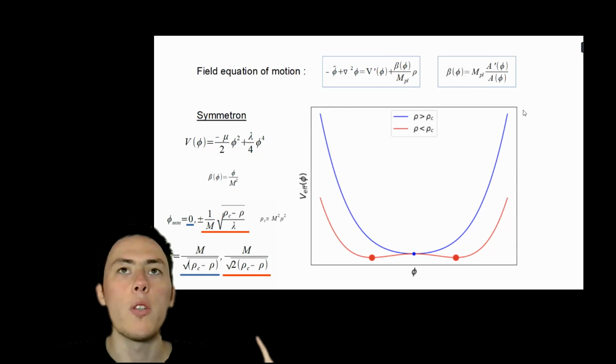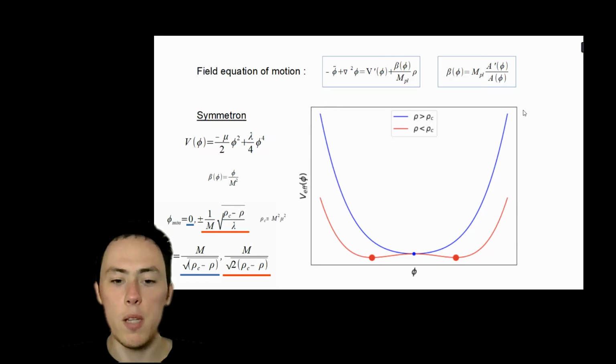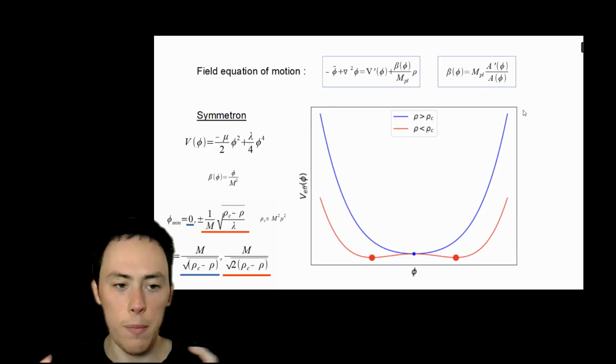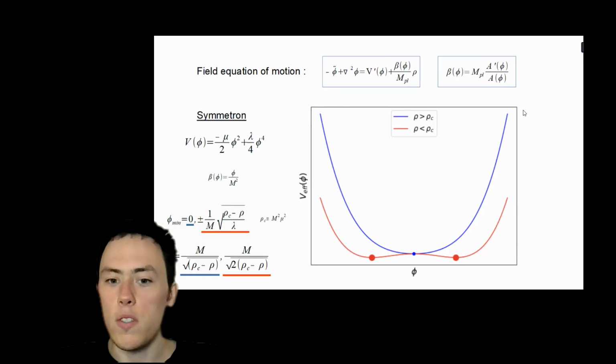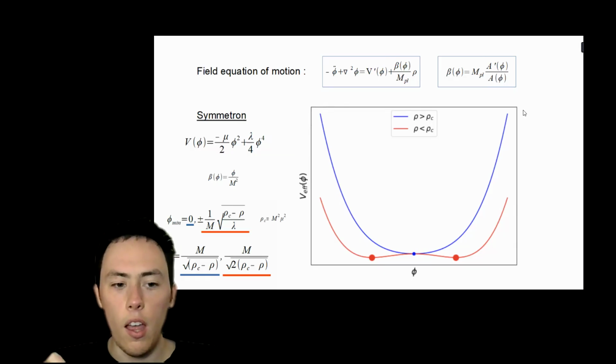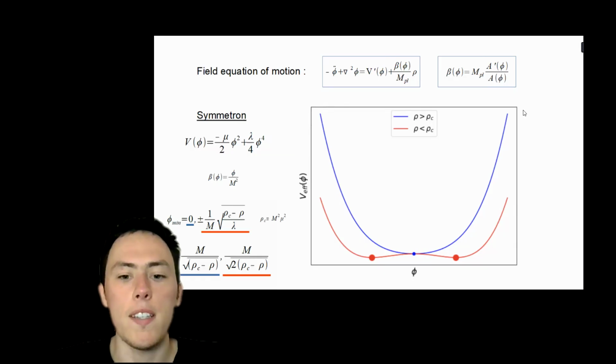But for environments where rho is less than rho c, the phase transition occurs, and so now the minimums occur at two values, same magnitude but opposite signs. And so now we can exhibit fifth forces. And so this is another example of a type of screening mechanism.